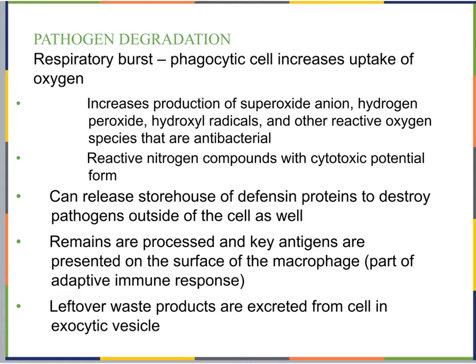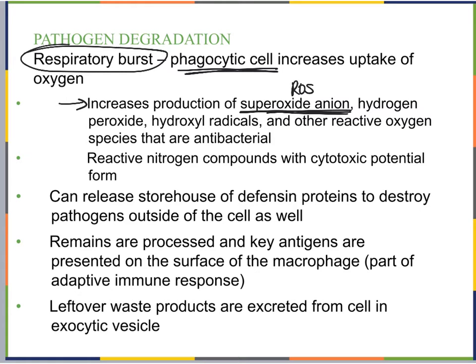So then when we are talking about these phagocytic cells, what happens when they are trying to go through the process of taking out some bacteria, they have what is called a respiratory burst. So this respiratory burst is when these phagocytic cells are going to increase their uptake of oxygen. So this uptake of oxygen is important because it increases the production of the superoxide anion. So remember, that's a reactive oxygen species.